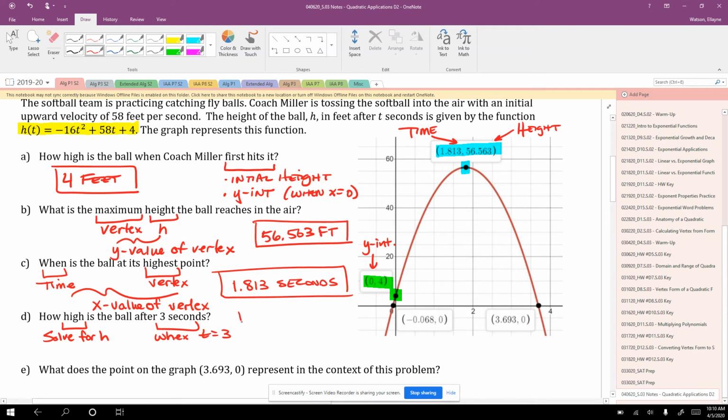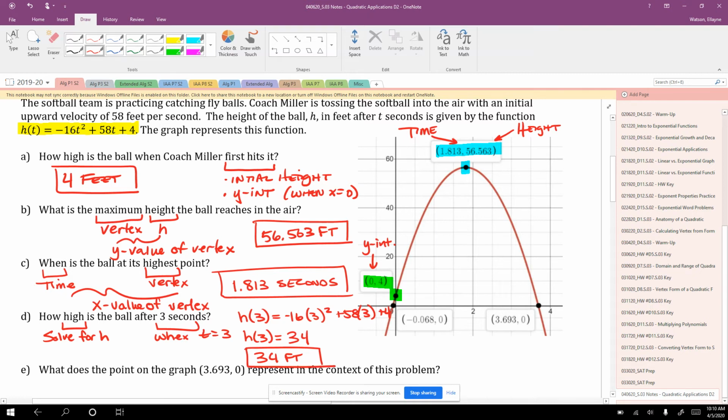So it would look like this: h of 3, so evaluate the h function when t is 3, is equal to negative 16 times 3 squared, plus 58 times 3 plus 4. Plug that right into your calculator, guys, and make sure you're following order of operations. Okay, so I plug it in, negative 16 times 3 caret 2 plus 58 times 3 plus 4, and I get 34. So how high is the ball after 3 seconds? 34 feet.